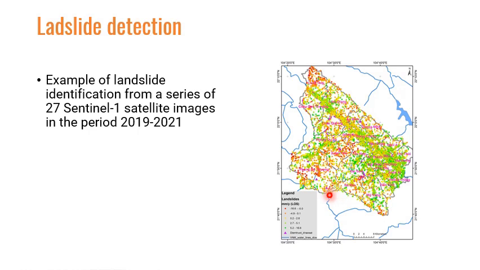You see we also use the PSInSAR method with 27 Sentinel-1 images. The red ones are the landslide points. Here is the landslide, at less than 20 millimeters per year in this area and this area. And the blue color means no landslide.